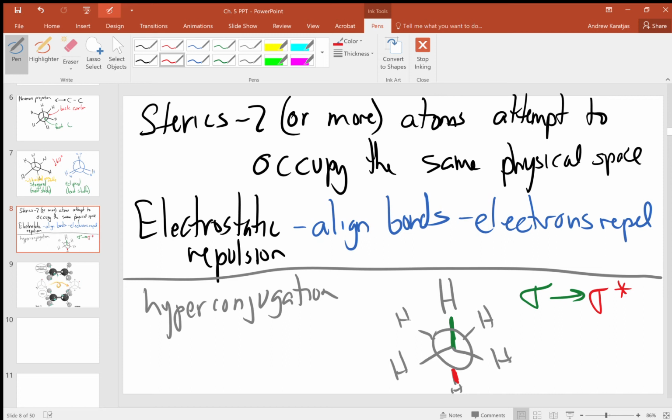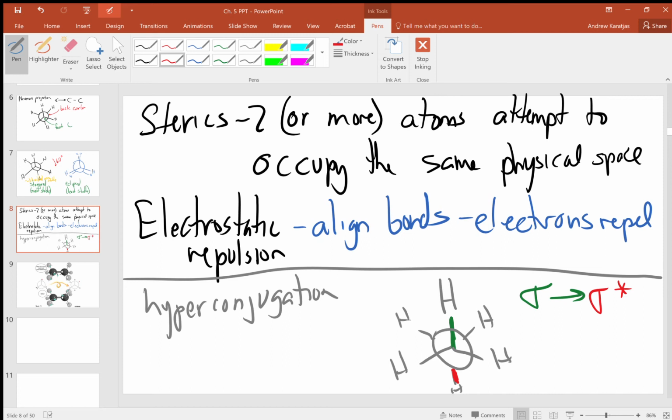All right, so we looked at ethane, and so now we're going to look at propane. Before we do that, take your model of propane and sort of spin it around that carbon-carbon bond, and you can choose either of the carbon-carbon bonds. It's going to be exactly the same.